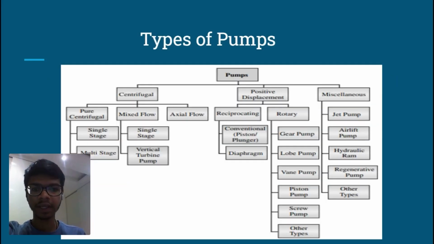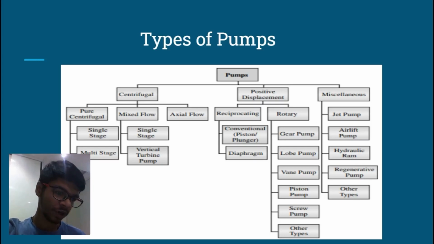There are different types of centrifugal pumps as well, which are pure centrifugal, mixed flow, and axial flow. There are different types of positive displacement pumps as well, which are reciprocating and rotary, and miscellaneous pumps as well. We're discussing in brief positive displacement pumps and in detail centrifugal pumps.